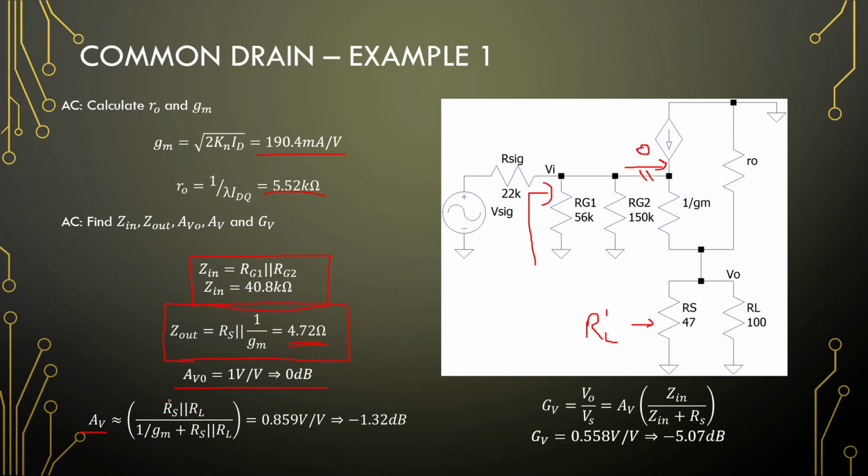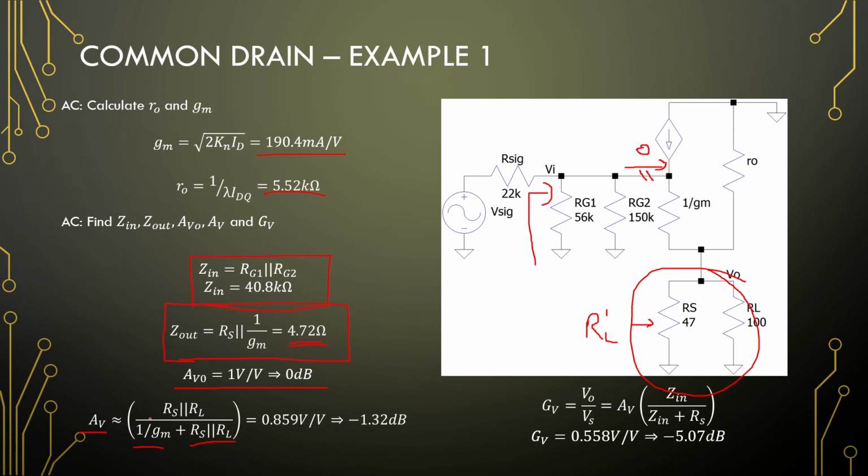I just use it like this right here to explain that we actually see these two in parallel with one another. So we have those two over 1 plus GM plus themselves again. So if you multiply with GM on top, we have GM RS parallel to R load over 1 plus GM RS parallel to R load.